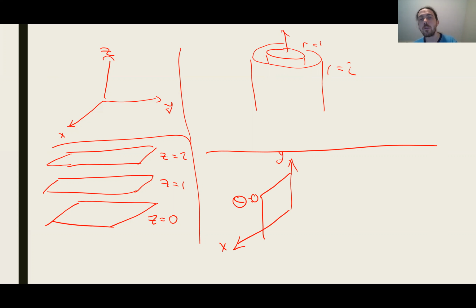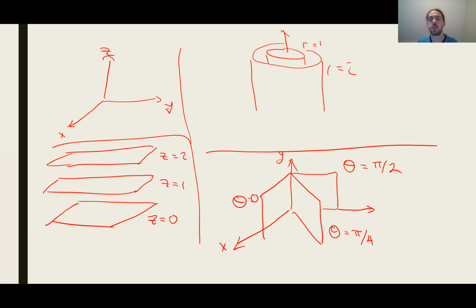If I do theta is equal to pi over 2, that's 90 degrees. That's rotated all the way from the x-axis to the y-axis. If theta is equal to pi over 4, that's halfway between them. That lives over top of a line that's 45 degrees between the x-axis and the y-axis.